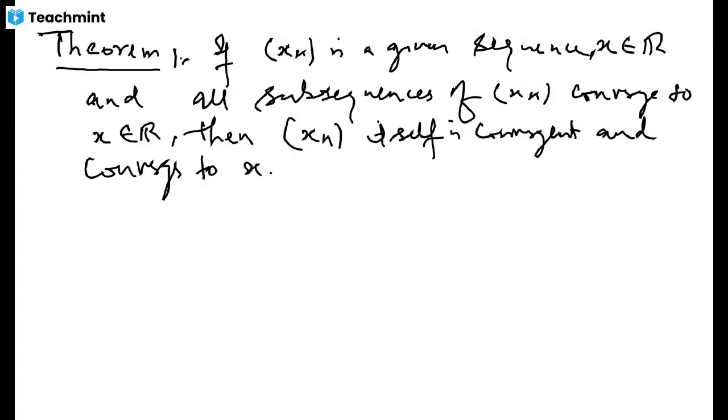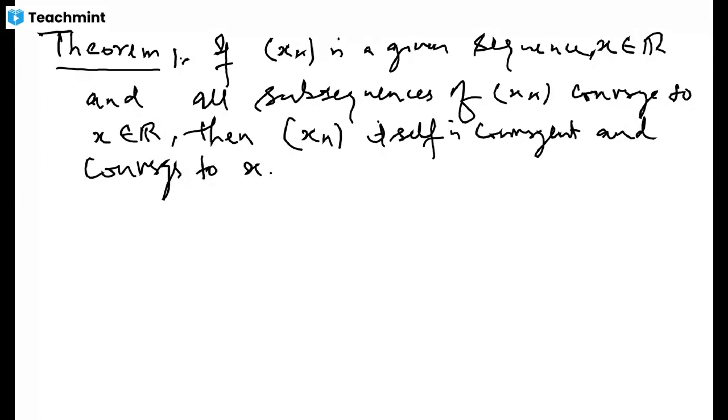That means using subsequences, the convergence is to say that all subsequences need to be convergent and they all must converge to the same limit. If there exist two subsequences which converge to two different limits, then that will not be a sufficient thing to say that your sequence xn is convergent.